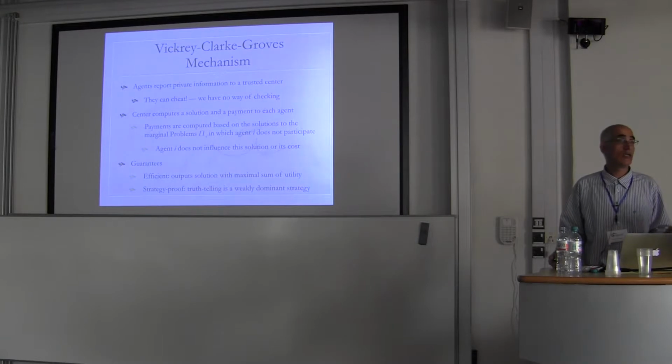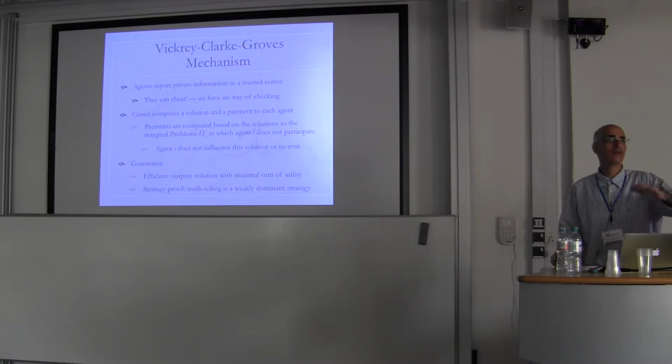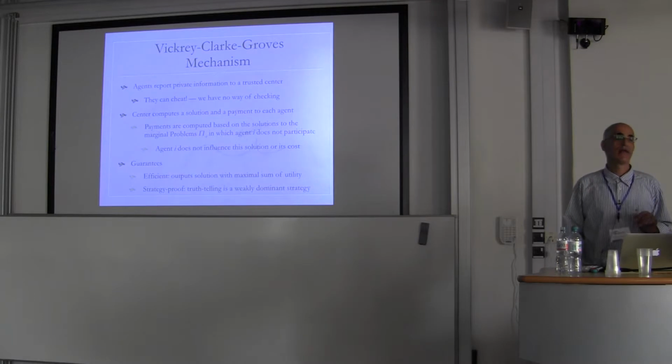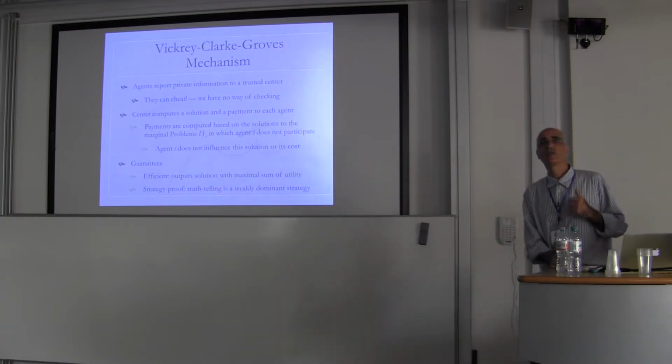And as you probably know, if you've gone to an auction, usually you don't tell the true value. You try to say something lower. We don't care about this. They can say whatever they want. The center computes a solution and a payment to each agent. The payments are computed by solving what are known as marginal problems.